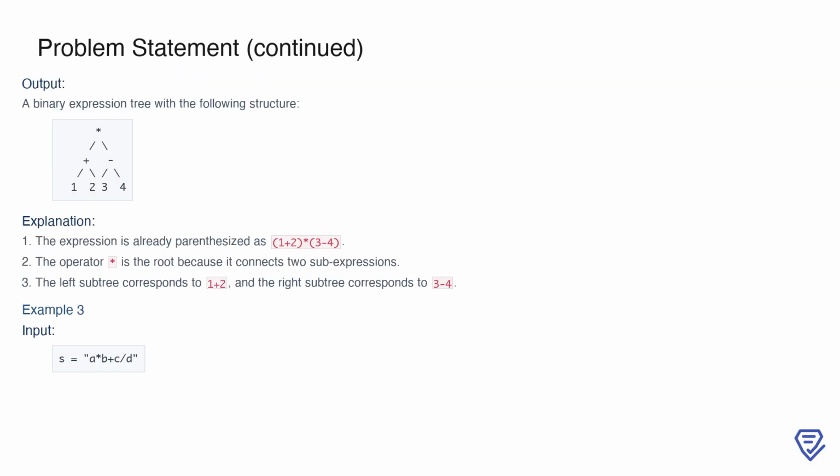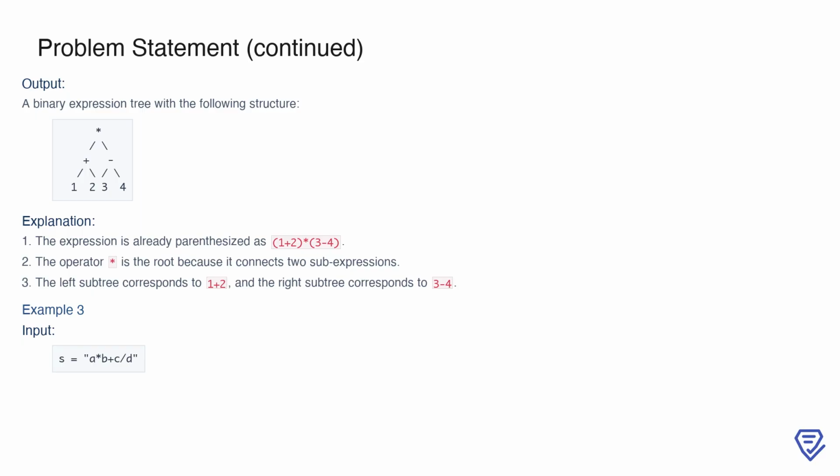Now, let's take a look at another example. Suppose the input is S equals 1 plus 2, asterisk, 3 minus 4. The corresponding binary expression tree would have the asterisk operator as the root node because it connects two major sub-expressions. The left subtree represents the sub-expression 1 plus 2, where plus is the operator, and 1 and 2 are the operands.